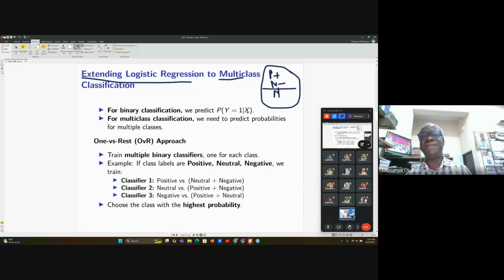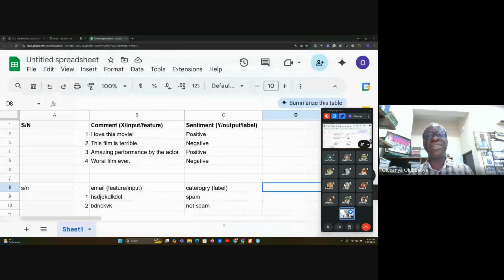Given the feature, or given the input. So we've talked about conditional probability. We are predicting the sentiment when we are given the comment. We can only predict the sentiment when the comment is given. We can only predict the category of an email when the email is given.